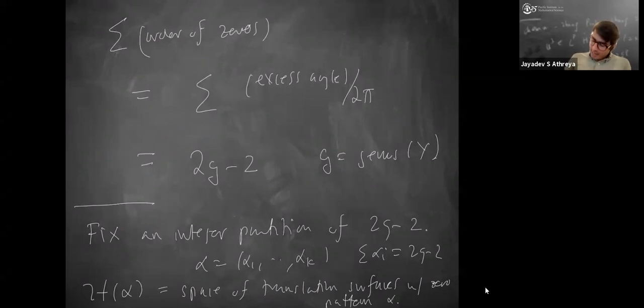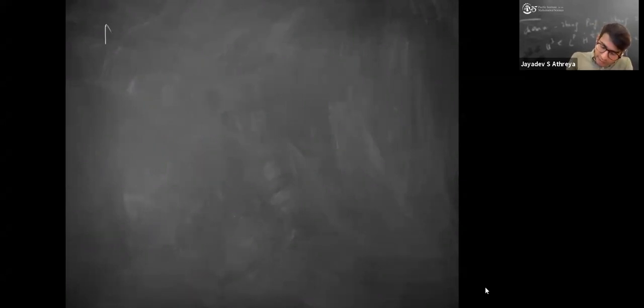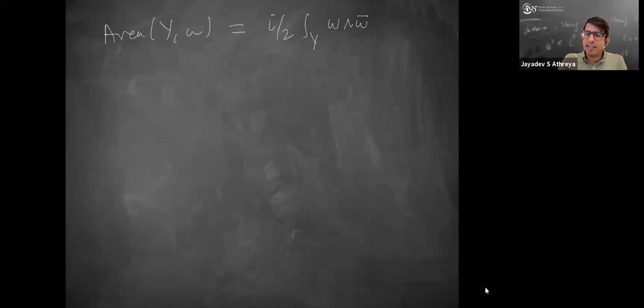Okay, and I'm also just going to make a quick remark. We can define the area of a translation surface, (Y, omega), to be i over 2 times the integral over Y of omega wedge omega bar. Now, I might be missing a minus sign. Dami, am I missing a minus sign? I think I'm okay. Up to a minus sign, I'll just put some absolute values on there. So the area of this is actually just the area of this as a polygon.